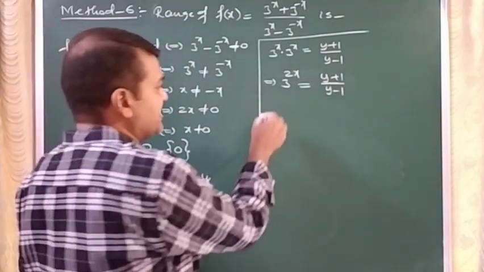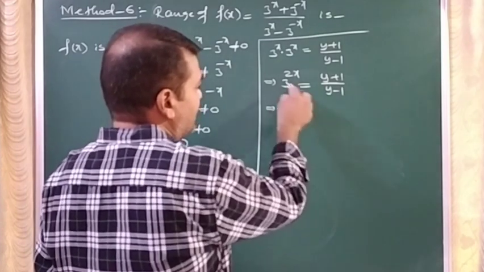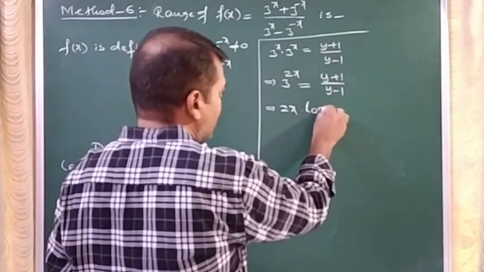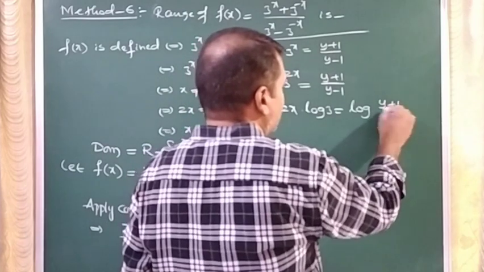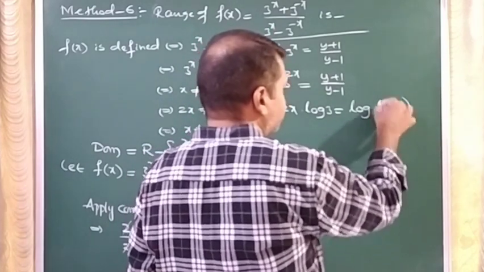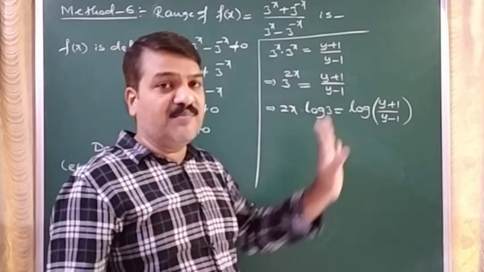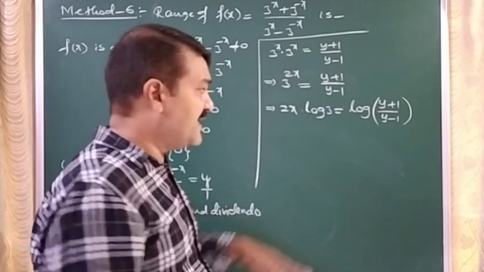Apply log on both sides. Log of 3 power 2x, that means 2x into log 3, is equal to log of y plus 1 by y minus 1. So did we get x in terms of y model? Yes, because log 3 and 2 are constants only, we can divide.